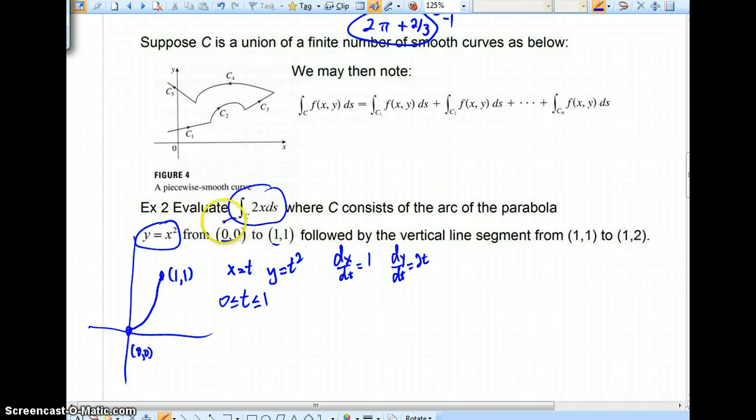Well, just turning this line integral into an ordinary integral, we're going to integrate between 0 and 1, and then 2, and x, of course, is just going to be t. But ds, I hope you recall from the front page, was the square root of (dx/dt) squared plus (dy/dt) squared.